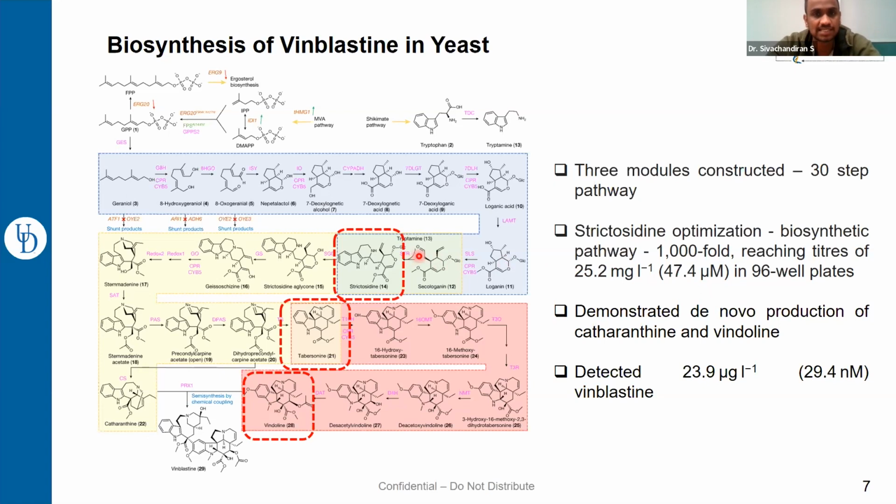And they introduced a second module to make the molecule called catharanthine. And they introduced the third module, and they made vindoline. From that, they finally made the vinblastine. That's the anti-cancer drug. So in the final step, after they engineered the yeast using synthetic biology tools, they got 23.9 microgram per liter of vinblastine from the yeast.